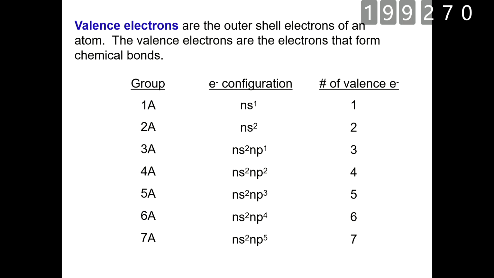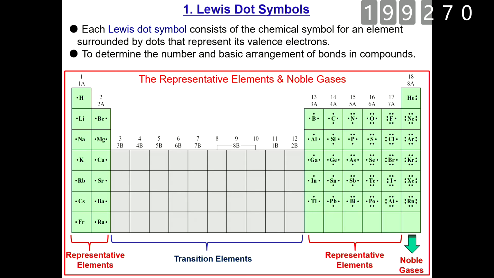Okay. So basically, we can use the Lewis dot symbols to describe the valence electrons of the atoms. For example, for this group that only has one valence electron, we use one dot, right?